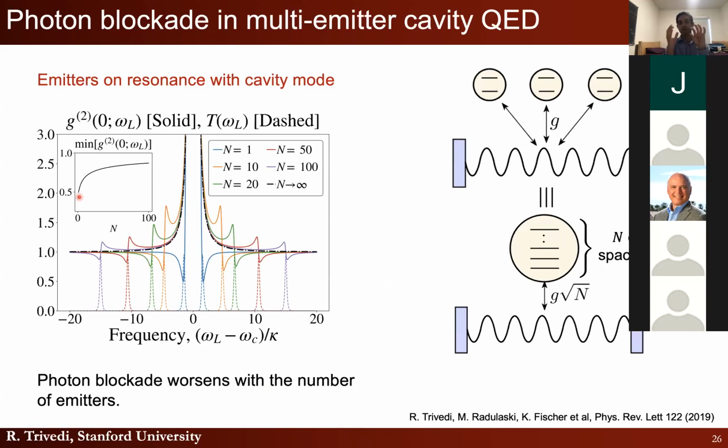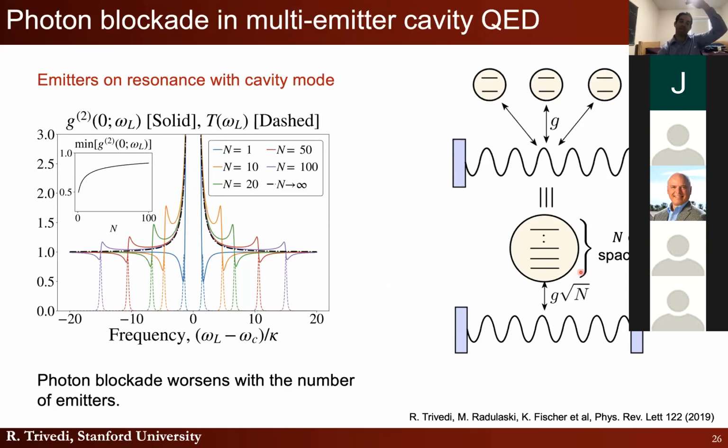You have a multi-emitter system with n identical emitters coupled to the cavity mode, or you could effectively think of this multi-emitter system as one large spin-half emitter coupling to the cavity mode. So you can combine these n emitters into one big emitter, but with n energy levels. As you increase the number of emitters, the energy levels of this system were essentially tending towards something completely harmonic in nature.